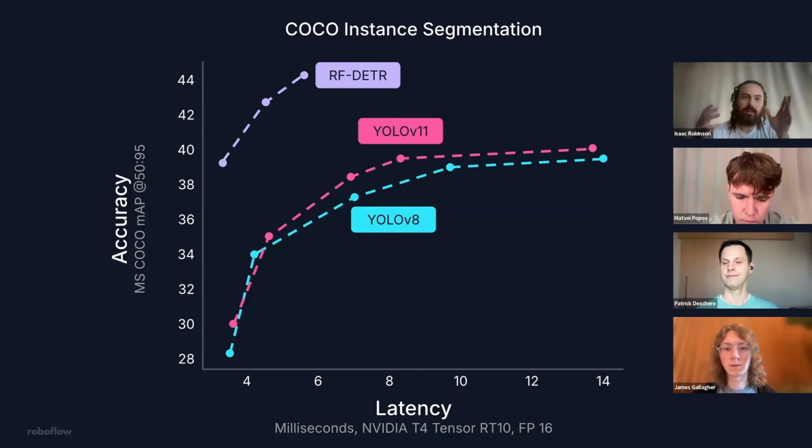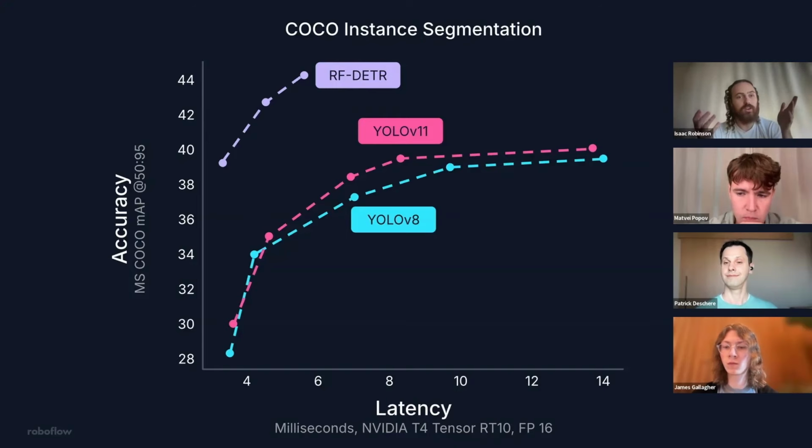They'll also do things like run one type of NMS during evaluation and another type of NMS during prediction, or they won't include NMS as part of the runtime. All these different inconsistencies in how we measure models can lead to inconsistent conclusions about performance. So as part of our work for RF-DETR, we wanted to ensure that we are measuring things in a way that is both fair and reproducible.